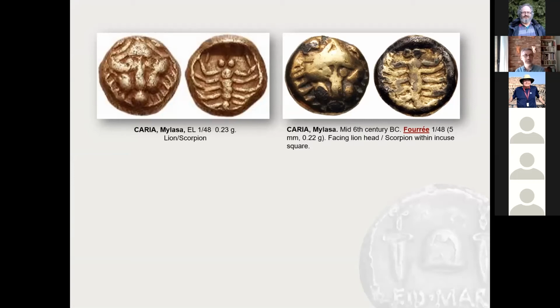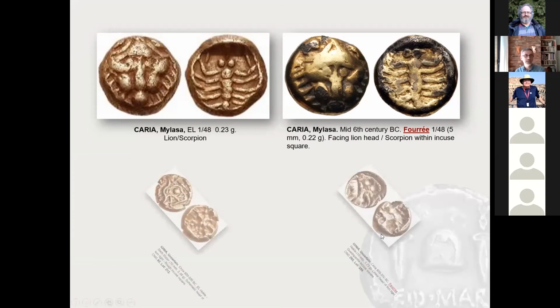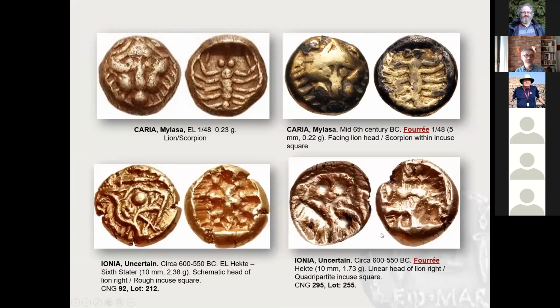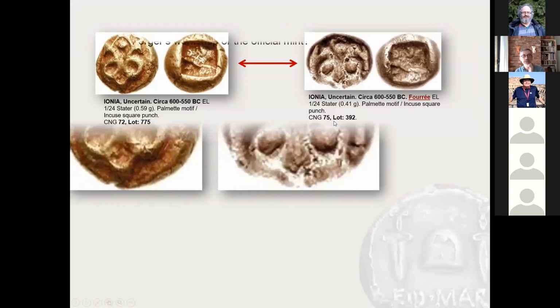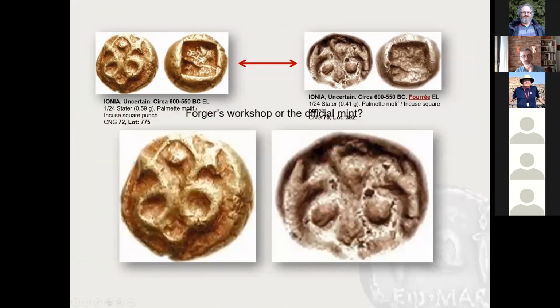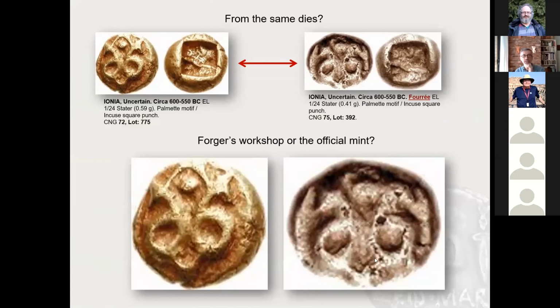And here is a Malaysian example. Here is an uncertain small coin. And here I have an interesting example. And to me, it looks almost the same die.